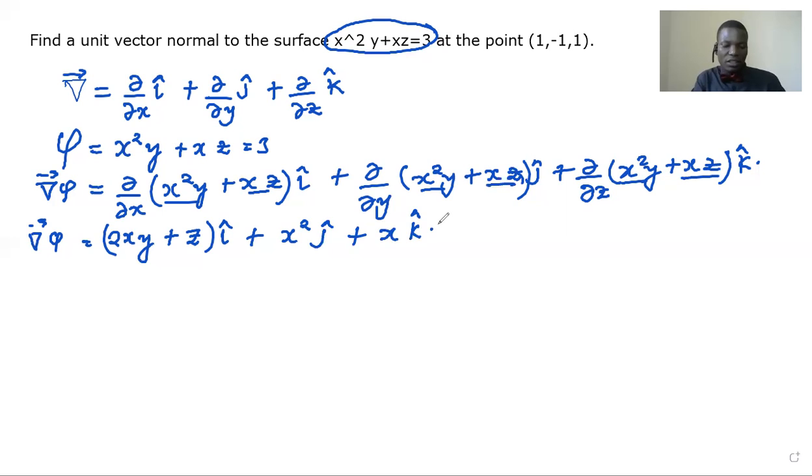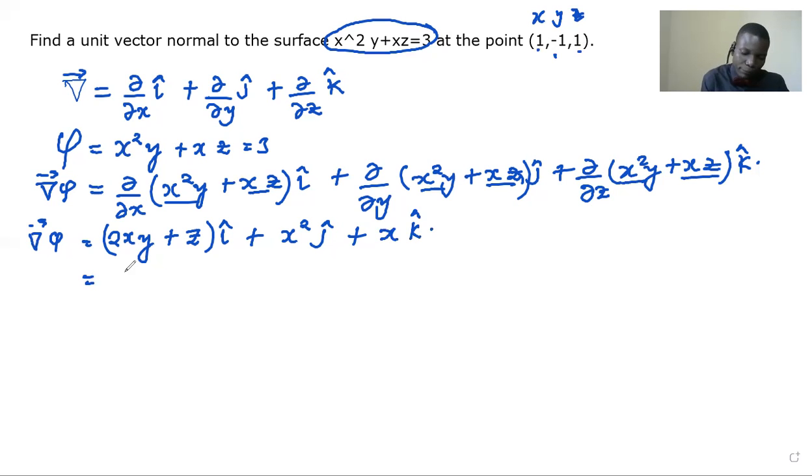Now we've been told to find a unit vector normal to the surface at the point (1, -1, 1). These are actually values for x, y, and z, a coordinate. So wherever there is x, we replace with 1, wherever there is y, we replace with -1, and wherever there is z, we replace with 1.